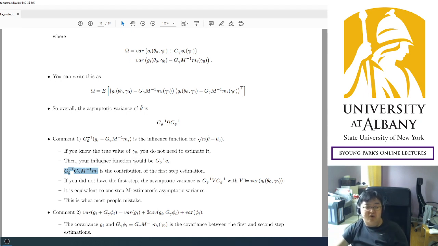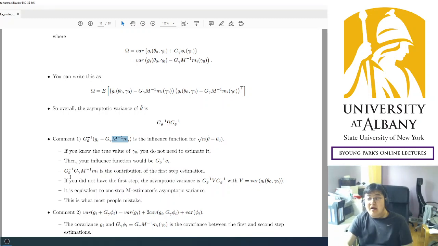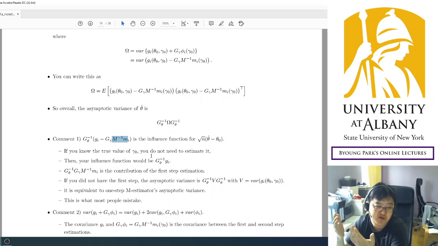So if you do not consider the first stage estimation error, then you are treating this equal to 0. If you ignore the first stage estimation error, you will have this equal to 0. So your standard error may be smaller or can be larger. So anyhow, your standard error will be wrong. So that is the major problem.